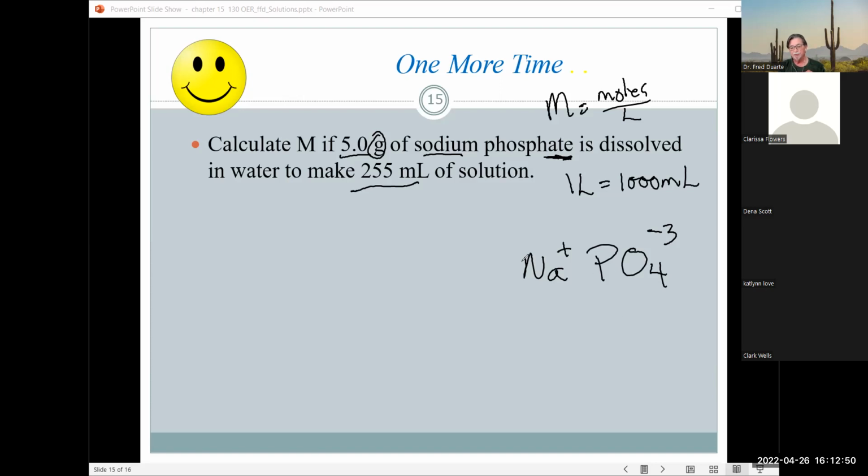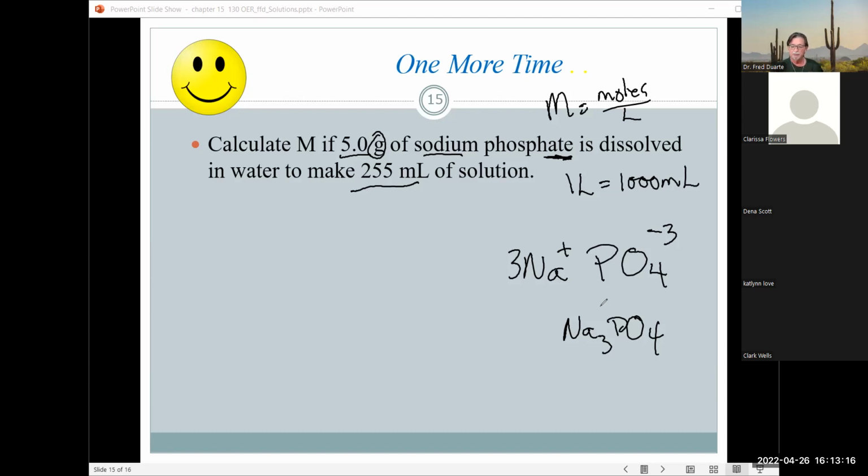We're going to make sure we put enough of each. I'm going to need 3 sodiums per 1 phosphate, okay? So the formula for sodium phosphate is Na3PO4. Okay. Now that I know the formula, I can do the molar mass. I got 3 sodiums, 1 phosphorus, and 4 oxygens.